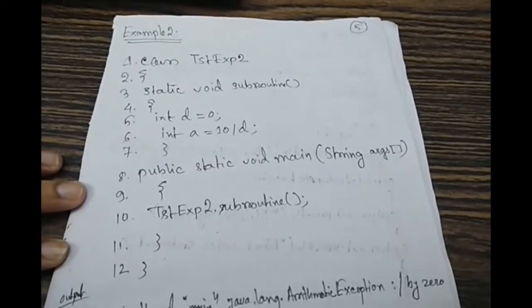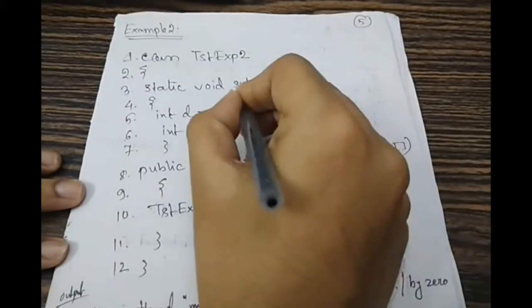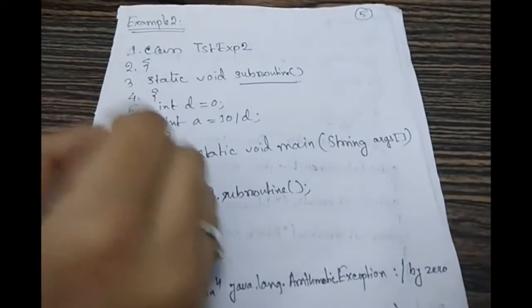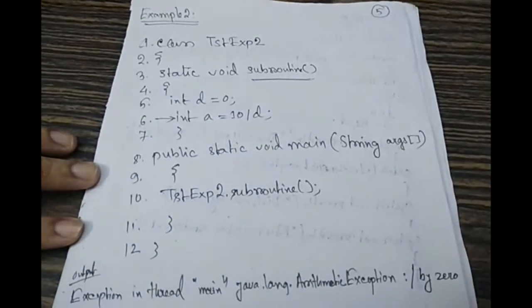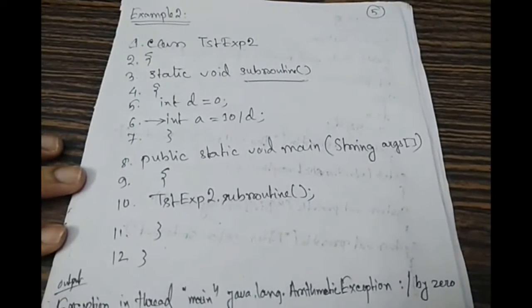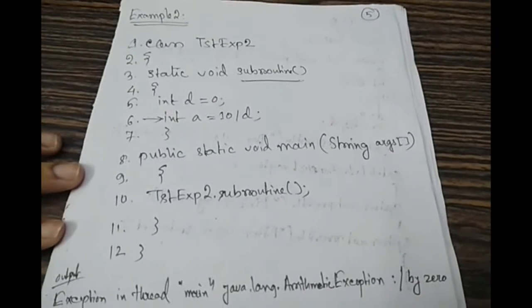So we write our class tstxp2, and under this we write some method like subroutine, and in that particular method we write a statement where int a equal to 10 by d, and d is previously initialized to 0.